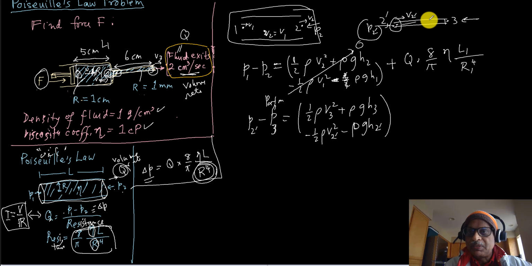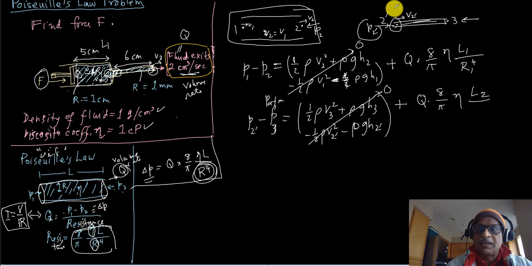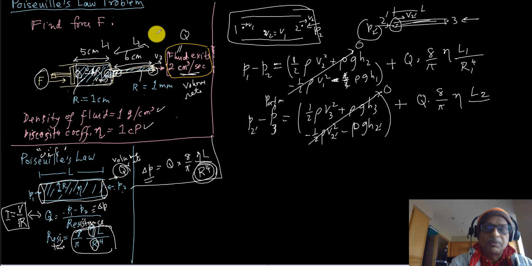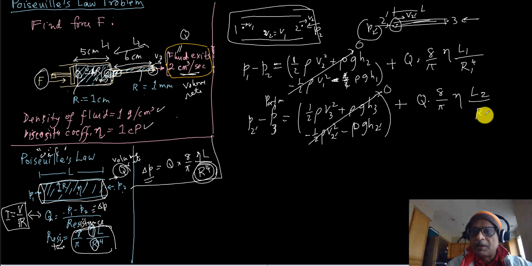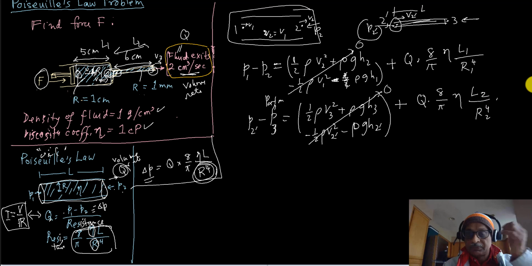And so the viscous flow here will add, this will go to 0, and then Q times 8 over pi, eta, L2, let's call this L2, over R2 to the power 4.